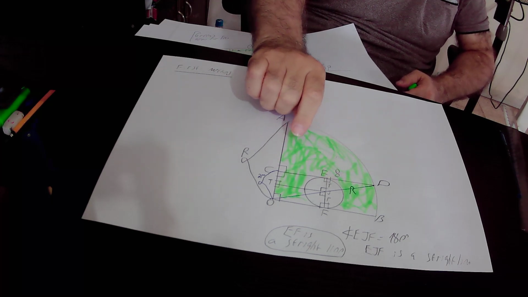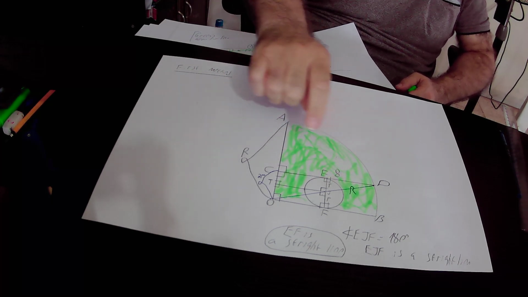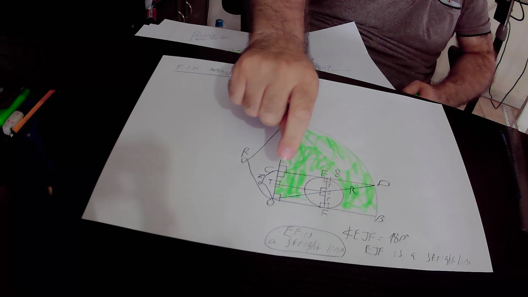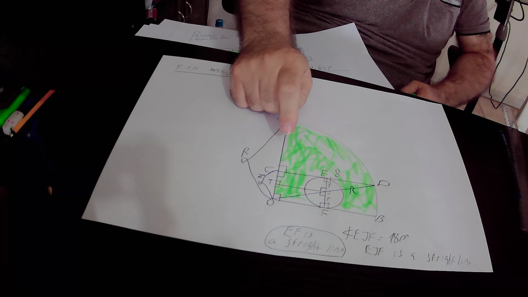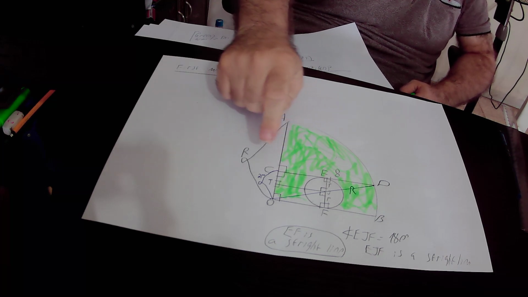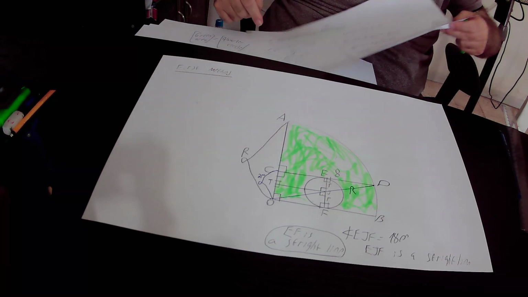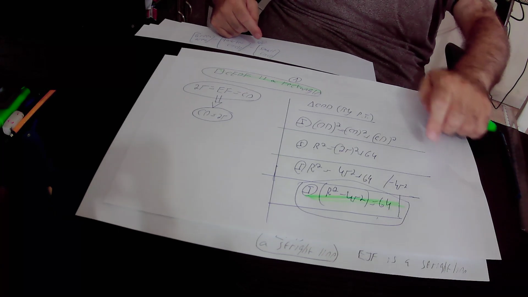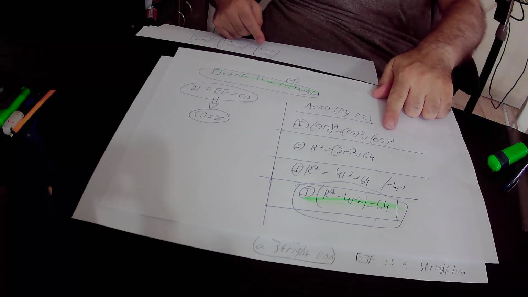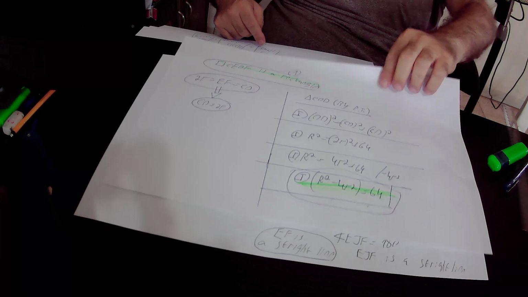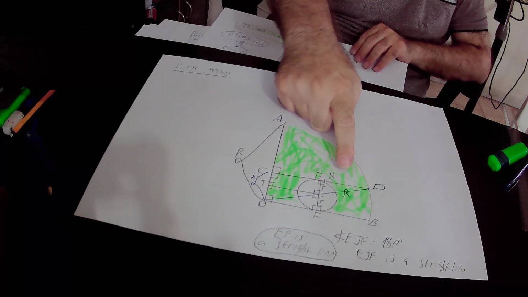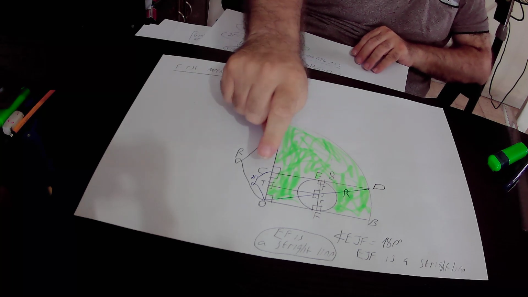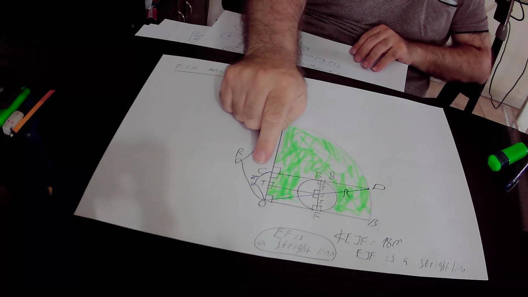According to the Pythagoras theorem, the square of the hypotenuse equals the sum of the squares of the perpendicular sides. That is to say, OD square equals CO square plus CD square. So OD is capital R, therefore OD square is capital R square, and it is equal to CO square. CO is 2R, therefore CO square is 2R square.